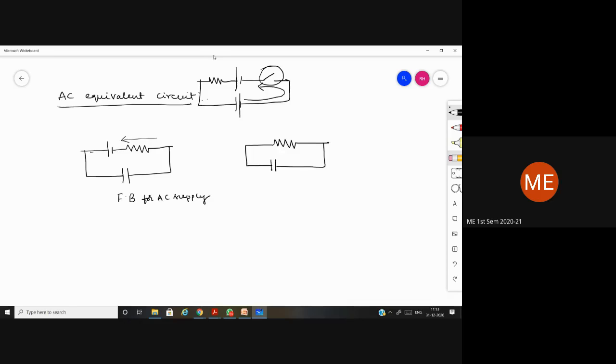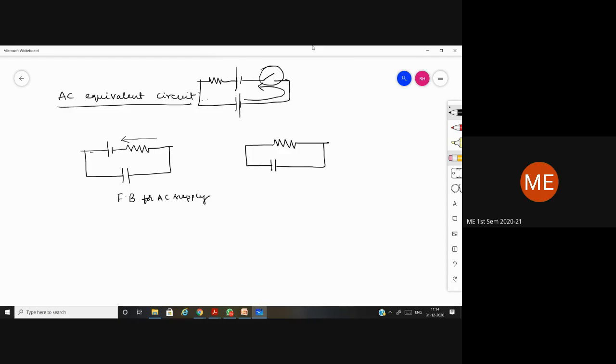Zero or infinity? Zero. If it is zero, then current has to pass through it, no? Sir, when there's no opposition, the current can pass. No, I'm telling now the switch is open. Switch is open means opposition only, right? Means current cannot pass. Yes, sir.